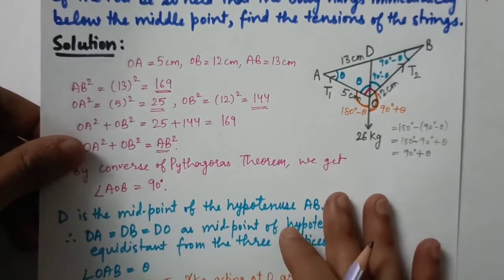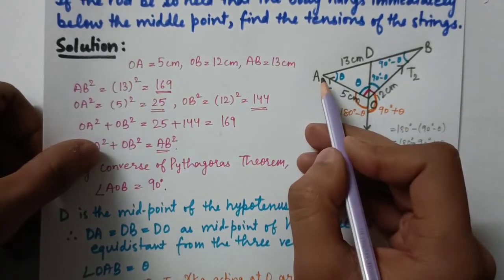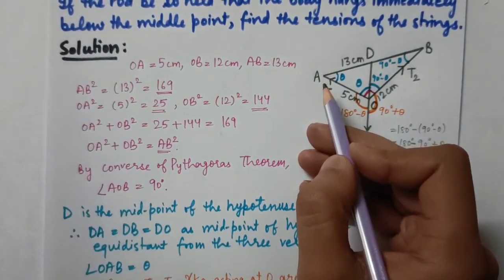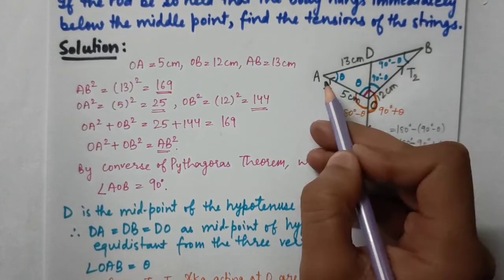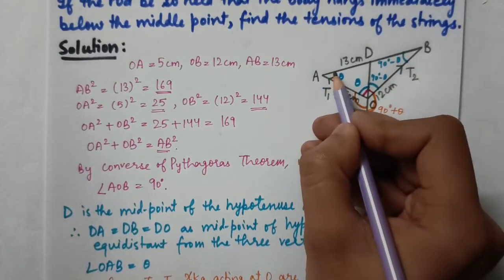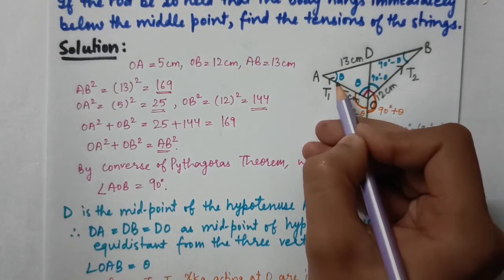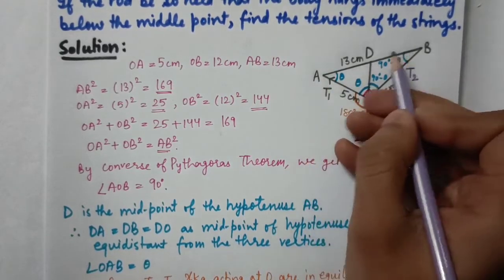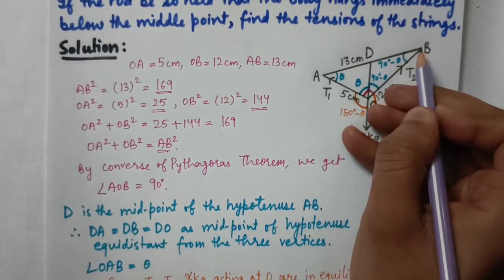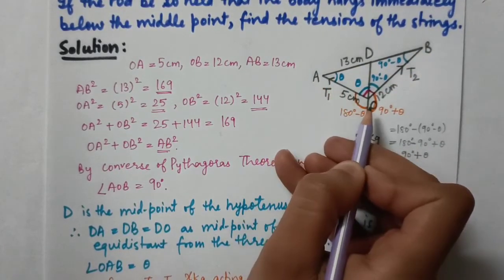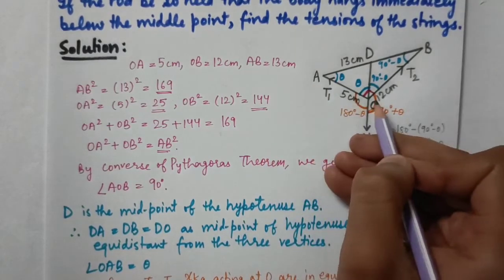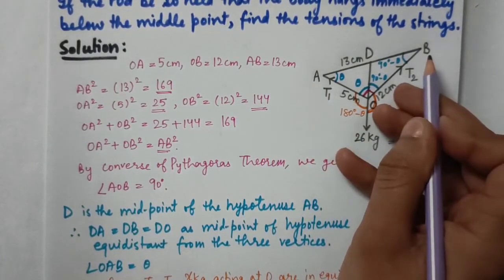Okay, so let us suppose that we have this triangle AOB. In this triangle, this angle A is theta, and this AB is the hypotenuse. So for this angle theta, OA would be the base and OB would be the perpendicular.